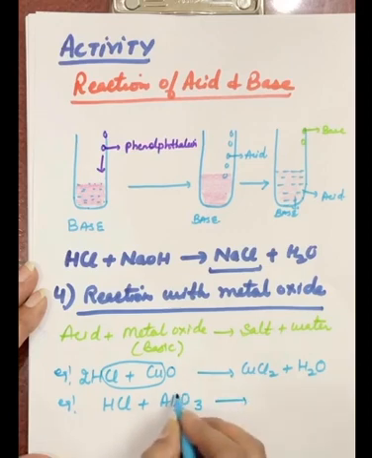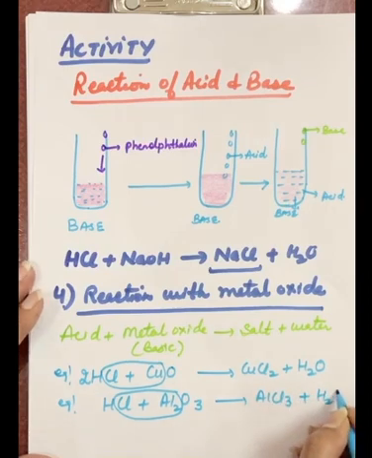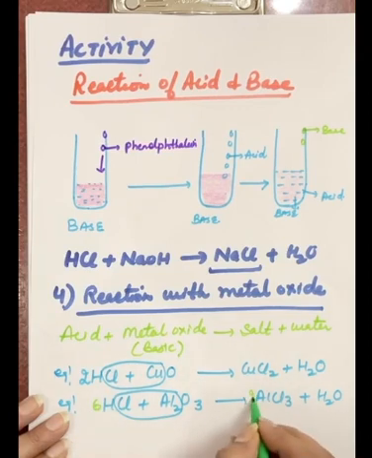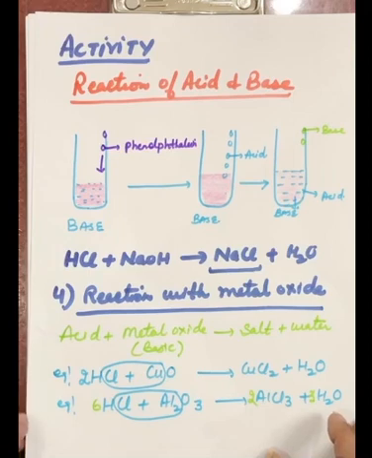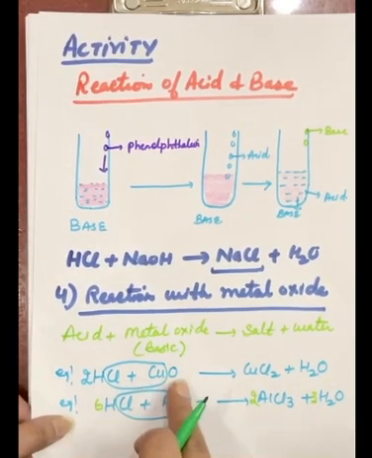So the two will react and form the salt aluminium chloride, along with water. Now to balance this equation, this is 6, this is 2, and this is 3. Again, now the investigation for the reaction of acid with the base. I'm taking HCl and copper oxide reaction in this activity.